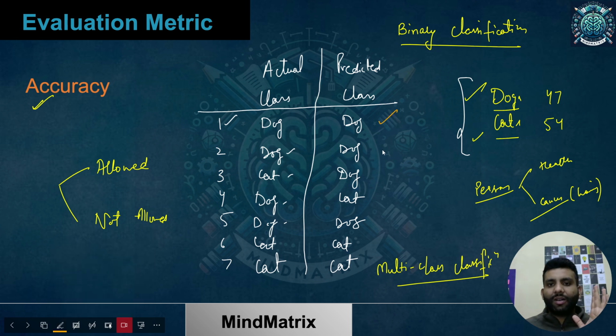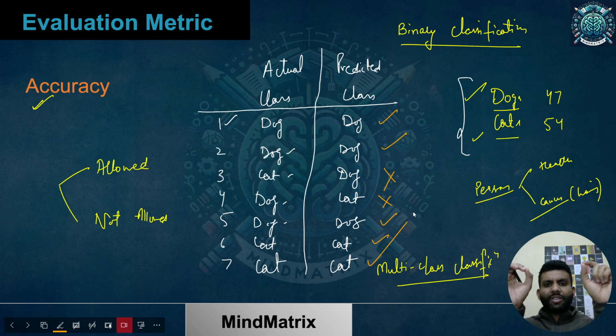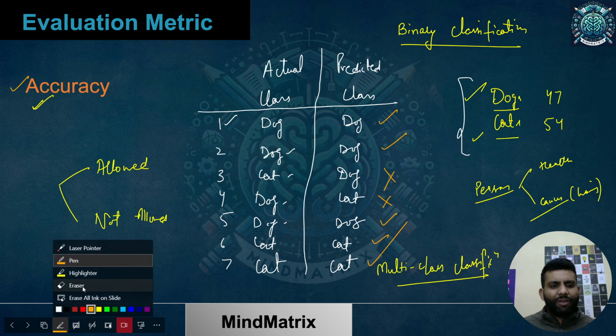This is correctly predicted, this is wrongly predicted, this is correct. Yes or no? So if you want to judge how my prediction is, the first metric you can think of is correct predictions upon total predictions. And that's what accuracy is. So what is the formula for that? Very simple.